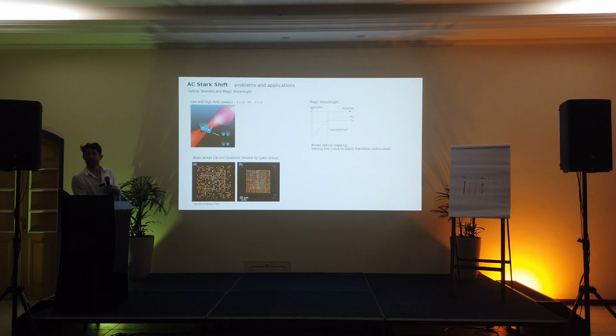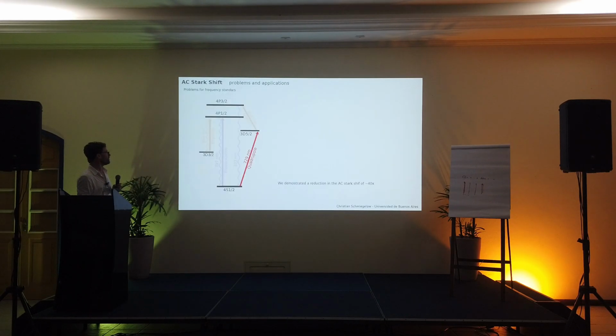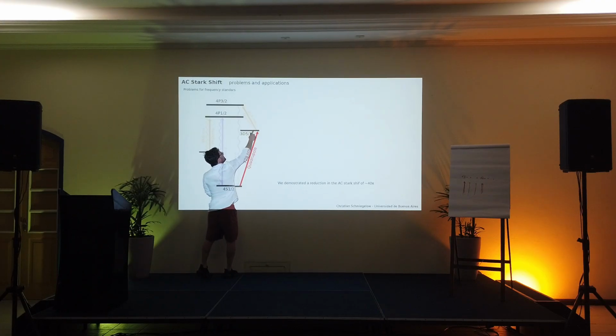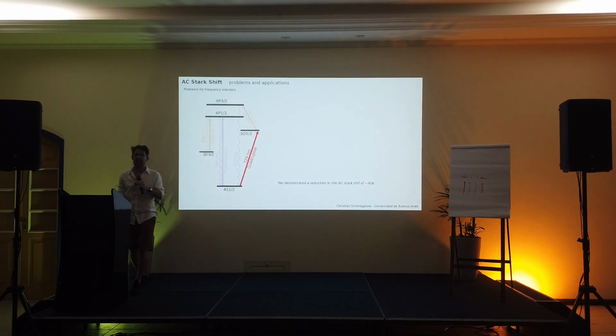But there was a beautiful technique discovered which basically allows this, which is the idea of what's called a magic wavelength. Beautiful name, by the way. So the idea of the magic wavelength is, let's say this laser is detuned with respect to that transition by a given amount, and also detuned with respect to this other transition by a given amount, and sometimes it will push the levels up, and sometimes it will push the levels down.